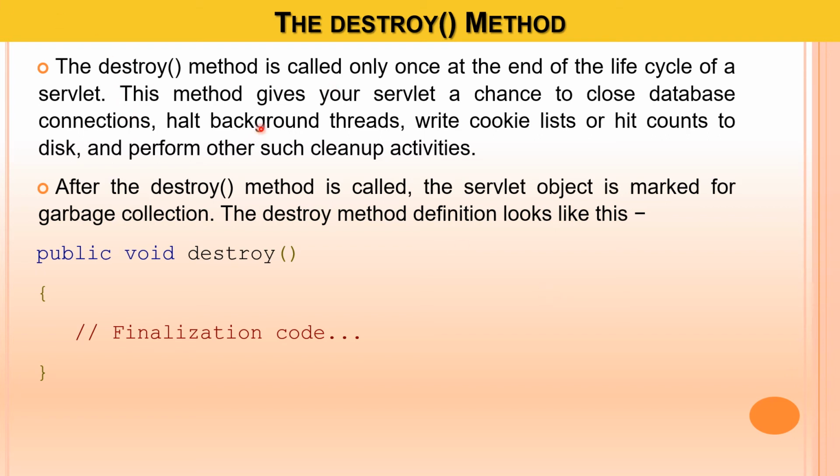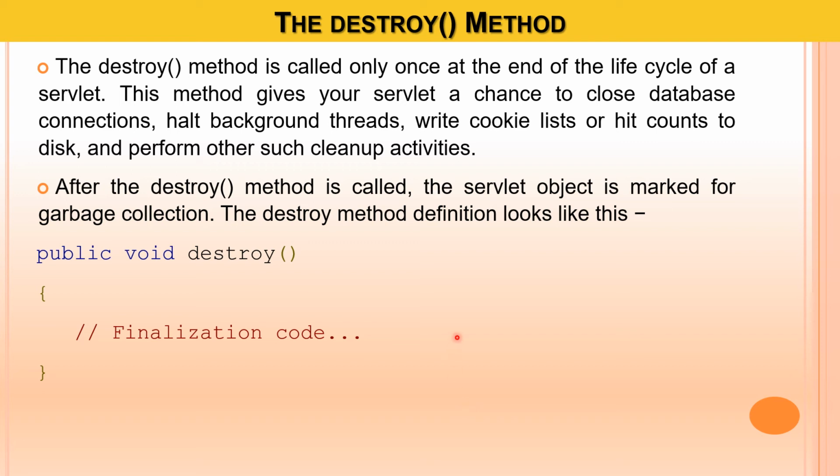So the destroy method is called only once at the end of the life cycle of the servlet. This method gives your servlet a chance to close database connections, halt background threads, write cookie lists or hit counters to the disk, and perform other such cleanup activities.